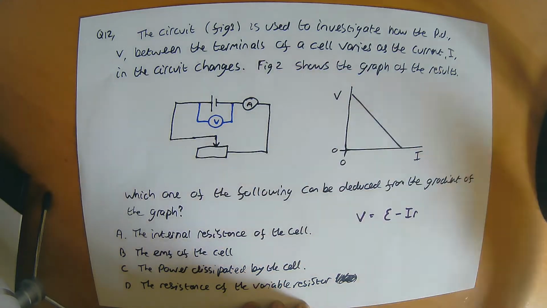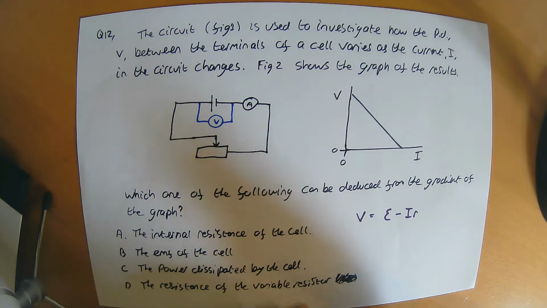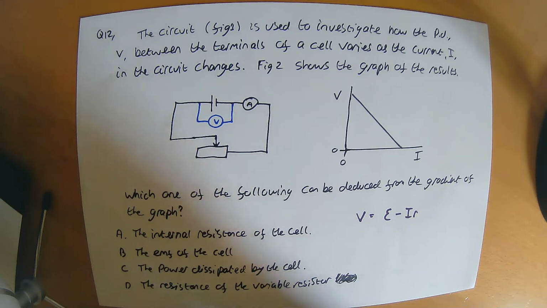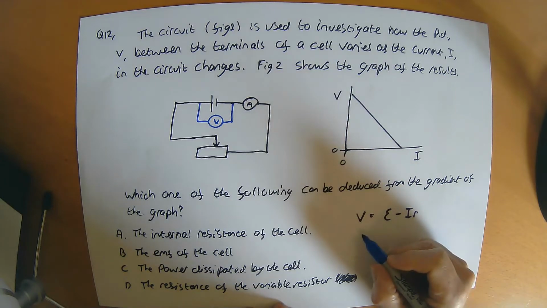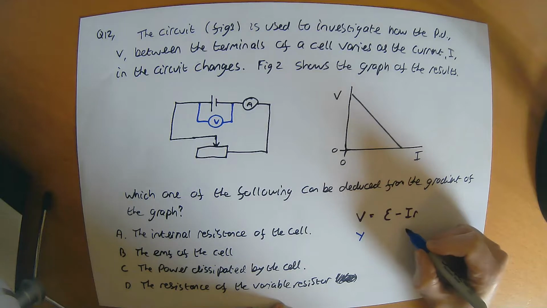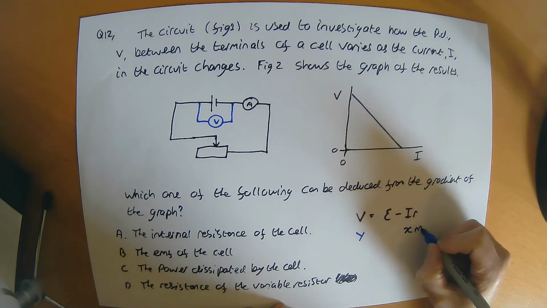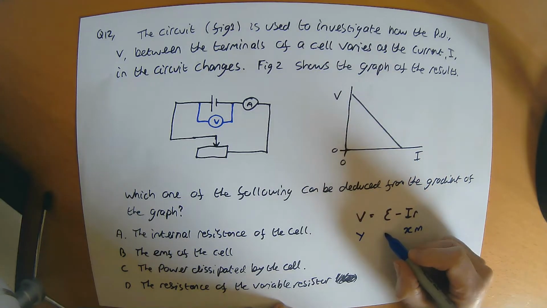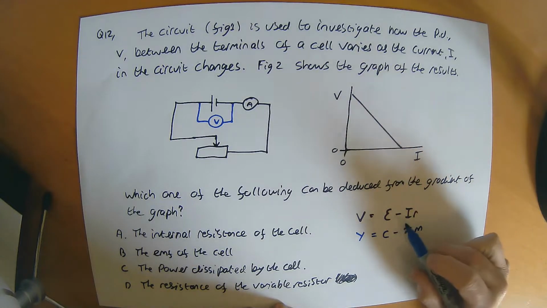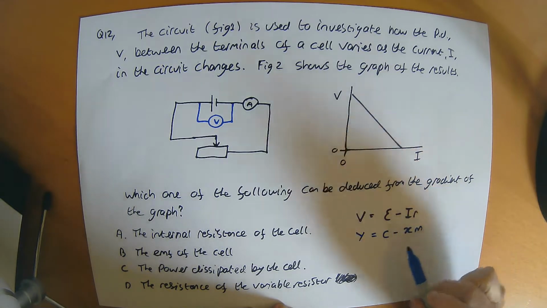Now this, when we're measuring V and I, fits the form of the equation y equals mx plus c. So y in this case will be the potential difference, x will be the current, m will be the internal resistance of the cell, and c will be the cell's EMF.